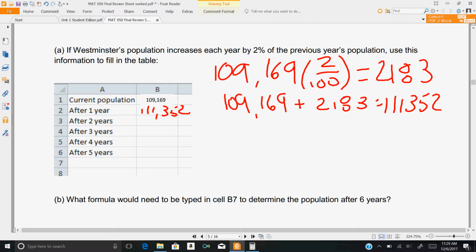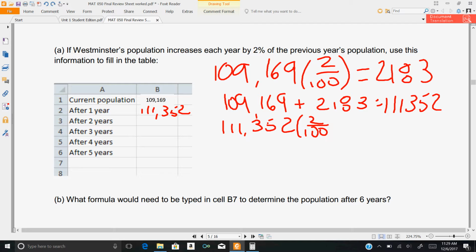And the second year is going to increase 2% of not 109,169. It's going to be 2% of 111,352 times 2 divided by 100. Actually this time I'm going to do it all in one step.